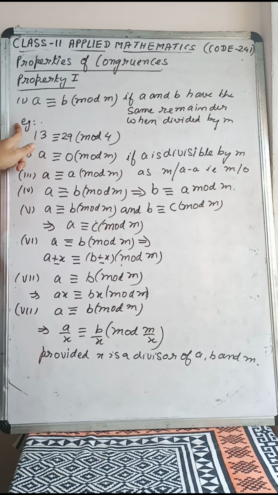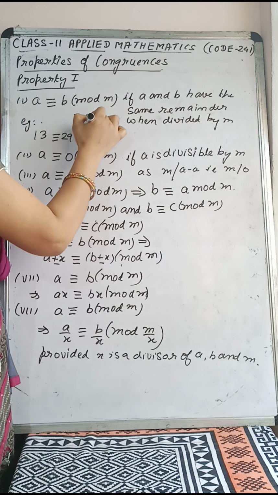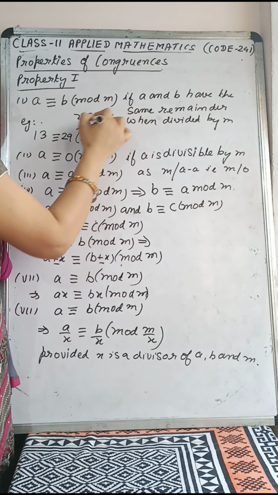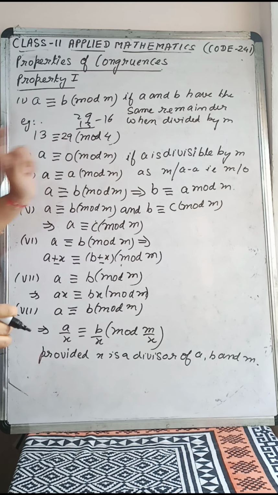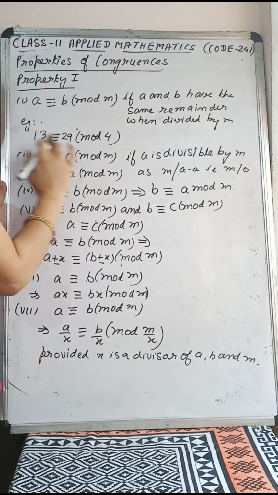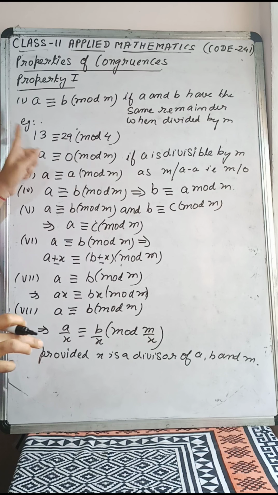I have written one example over here. 13 is congruent to 29 modulo 4. You can see over here 13 minus 29 will be minus 16. Obviously minus 16 is divisible by 4, therefore this equation is valid, that is 13 is congruent to 29 modulo 4.